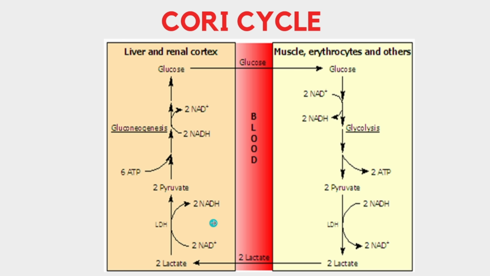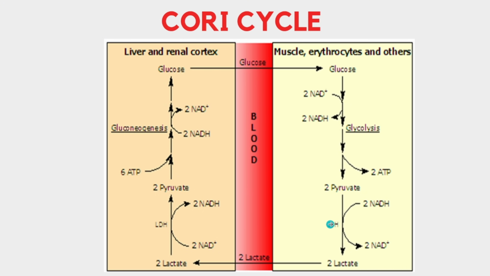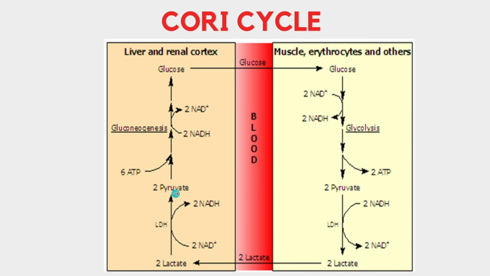Now your liver has received the lactic acid. The lactic acid will be converted back into pyruvate using the same enzyme in a reversible reaction, the LDH enzyme, which if not mistaken is lactate dehydrogenase. This produces NADH and forms pyruvate. After that, pyruvate will undergo gluconeogenesis to form glucose.